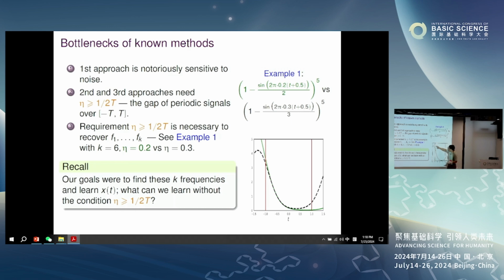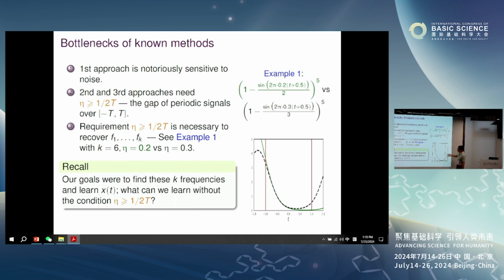While they are quite different, because one has a frequency gap of 0.3 and the other has a frequency gap of basically 0.2, they look quite close to each other in this time window. This says that if the noise is adversarial, it can erase the difference between these two signals such that you are unable to distinguish them.